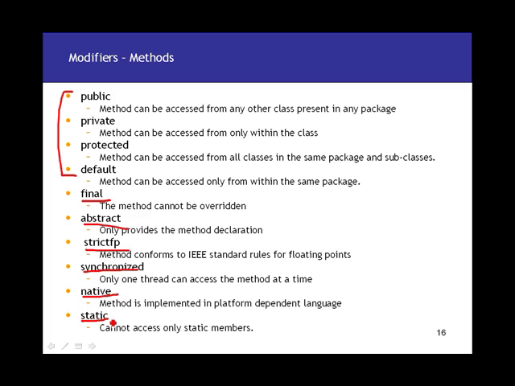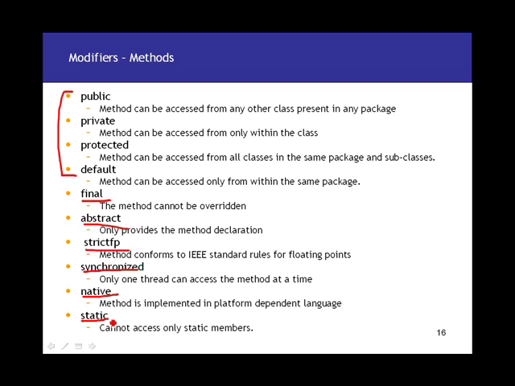Okay, so how do you actually write the declaration when you've got a combination of access modifiers and non-access modifiers for a particular item? Basically the access modifiers come in first. Private, public, default, protected, any one of these, right?